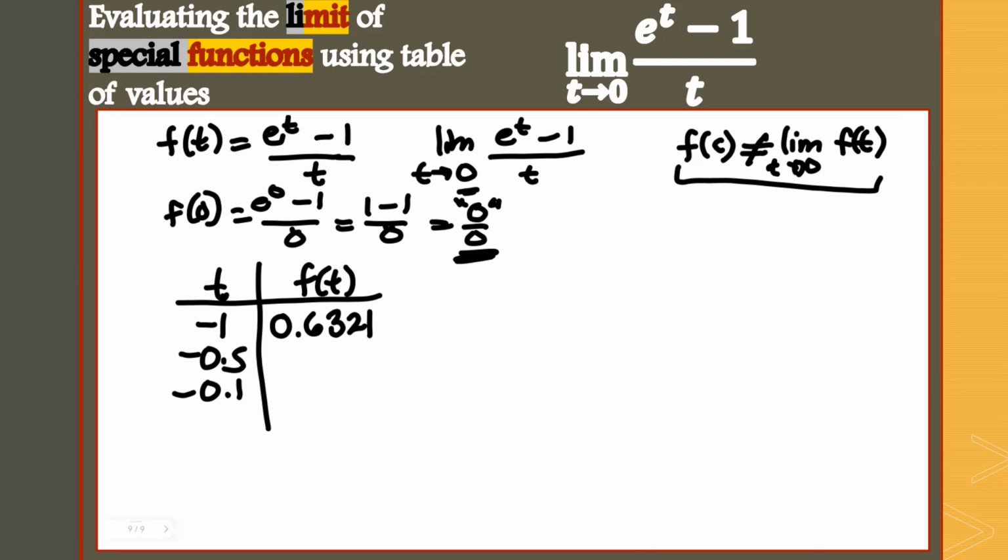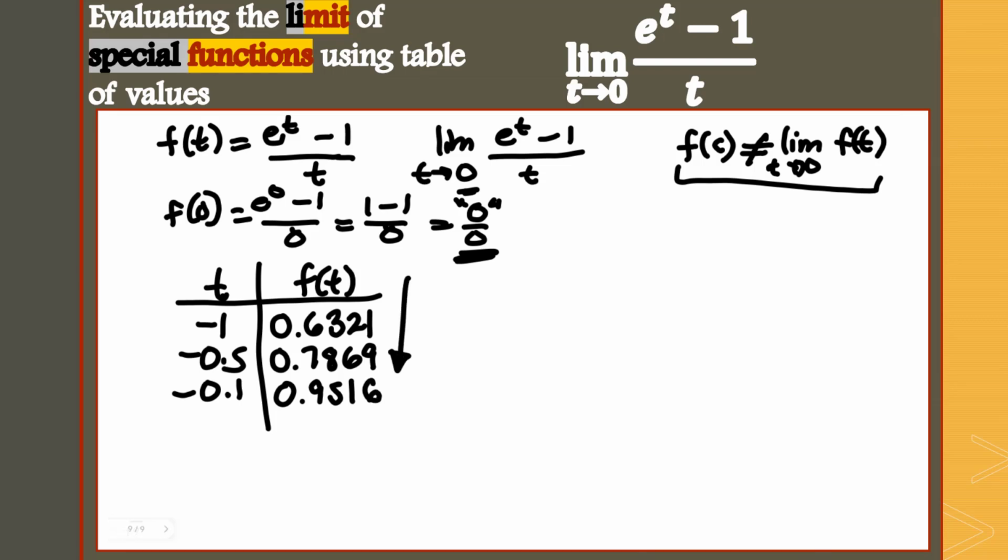We have negative 1/2 or negative 0.5. As we substitute that on our given function, approximately we will get 0.7869. We could see a trend now, but let's complete it further by applying negative 0.1. On our calculator, we'll get an approximated value of 0.9516. As you can see, there is a trend.